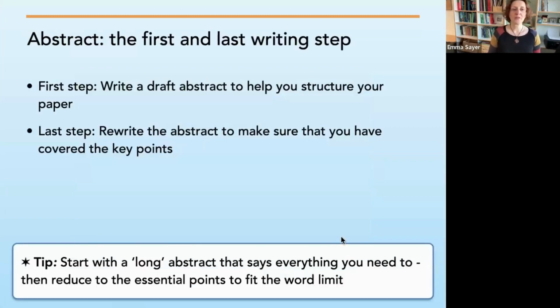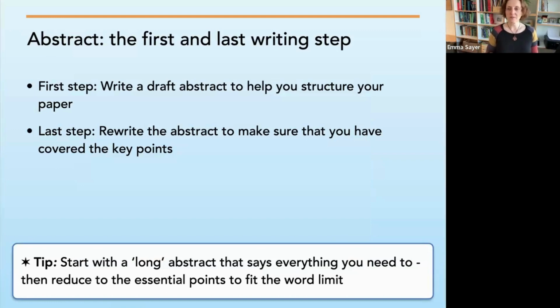So the first step is the draft abstract to help structure your paper, and then when you finally finish writing the rest of the paper, you can rewrite the abstract to make sure that you really have covered the key points and incorporated any changes. I also find it quite hard to write the abstract because it's short. We're often limited to, say, 300 or 350 words.